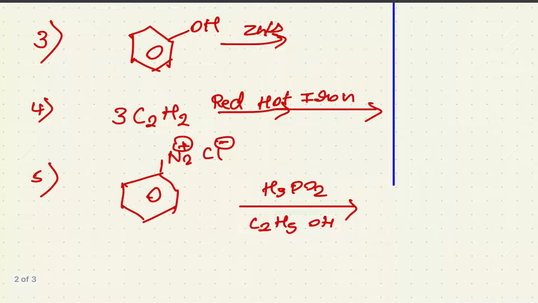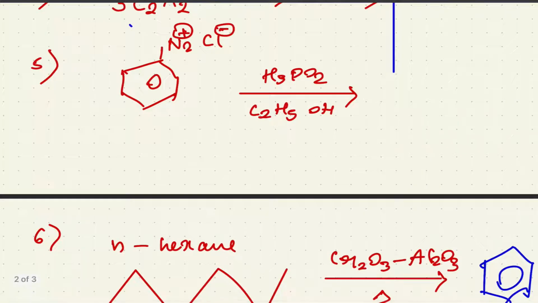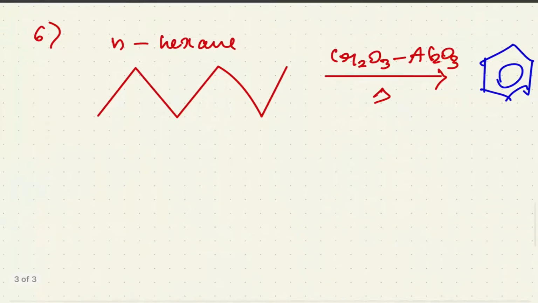And the other one is by using red hot iron along with ethyne. And the fifth process is using diazonium salt. This is a diazonium salt. I forgot to mention it. And the last process was using N-hexane.